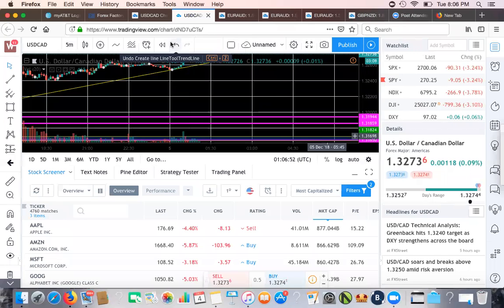So every broker you open, you have to be verified, and then after that, I think they'll send you a link to connect your broker to your MetaTrader 4. But the charts that I was showing you today are on TradingView.